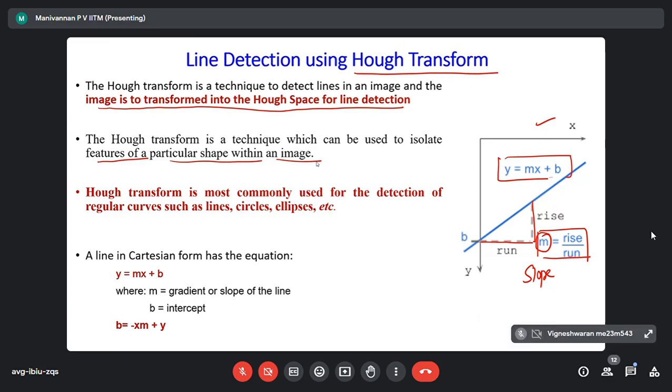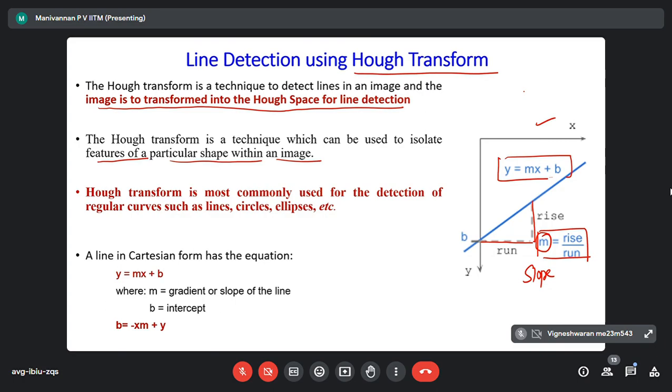Edges can be points or multiple edges very close together. We can say it can be an edge array, a different name, but it is nothing but a change in intensity, which actually represents a boundary. Please note that a change in intensity can be noise also. That's why first we do the filtering, trying to remove as much noise as possible using filtering techniques.